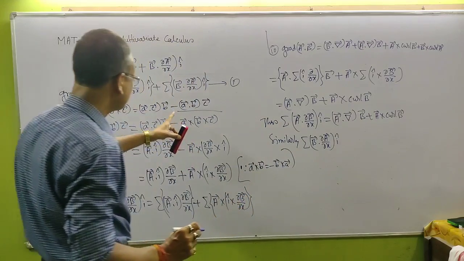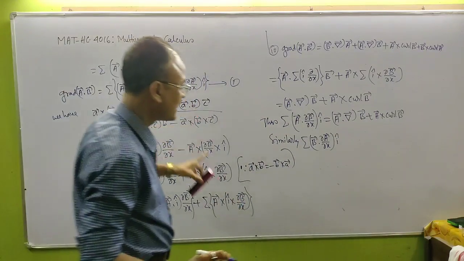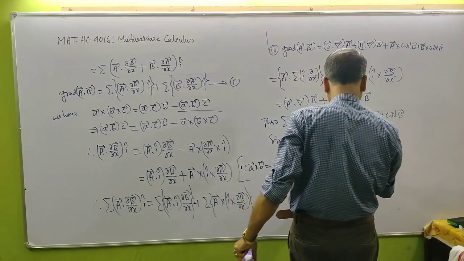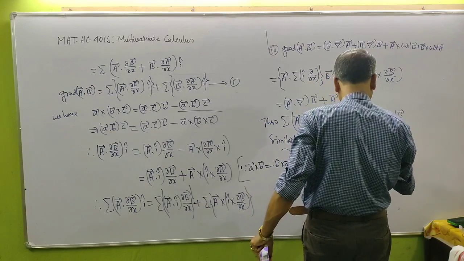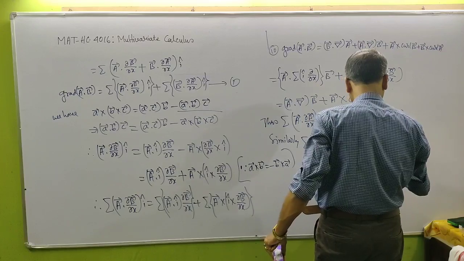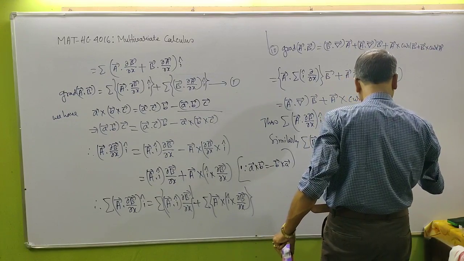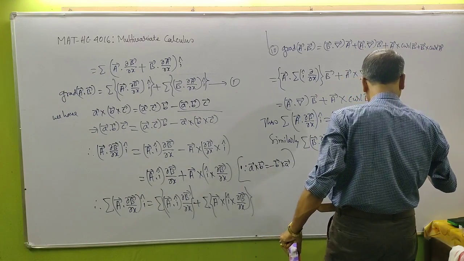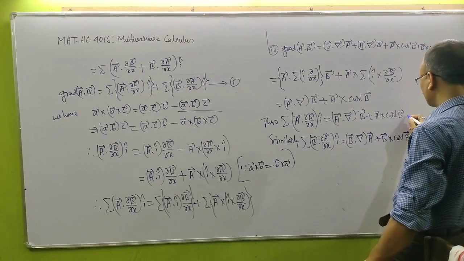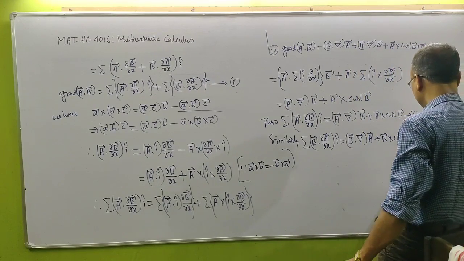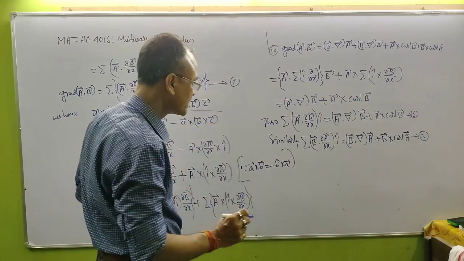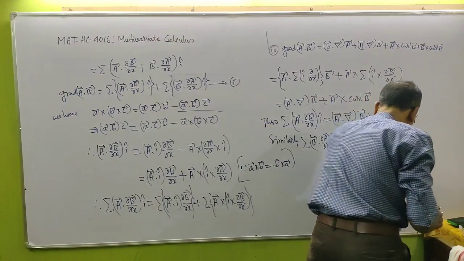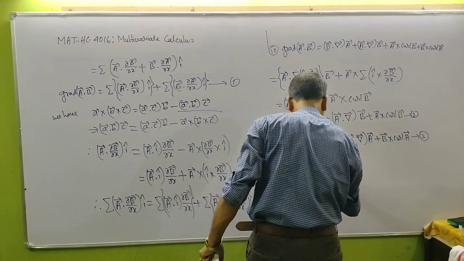This one, just interchange A and B here. You may write here number 2 and number 3. Using 2 and 3 in 1 we get.